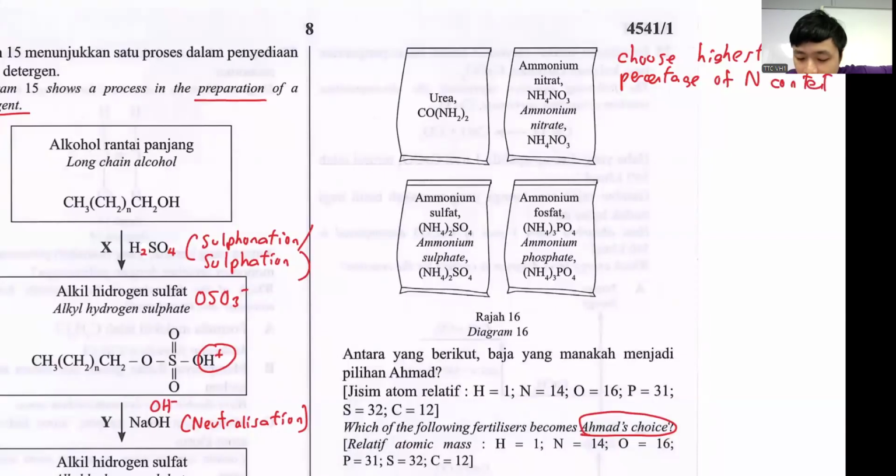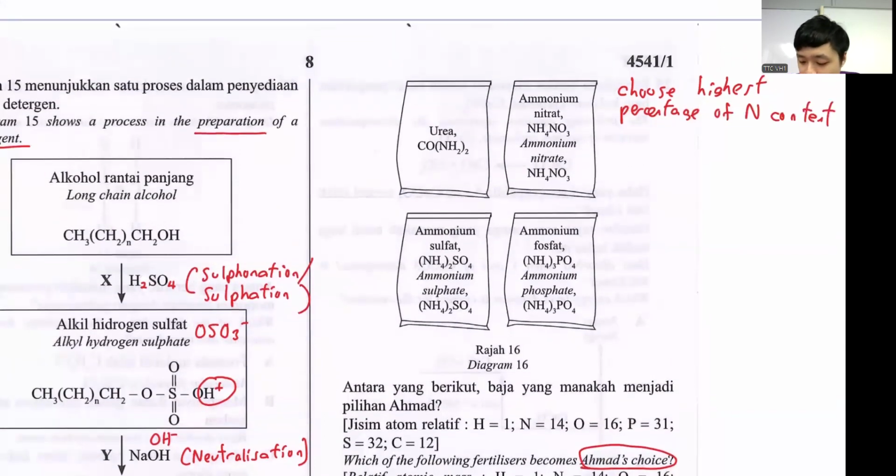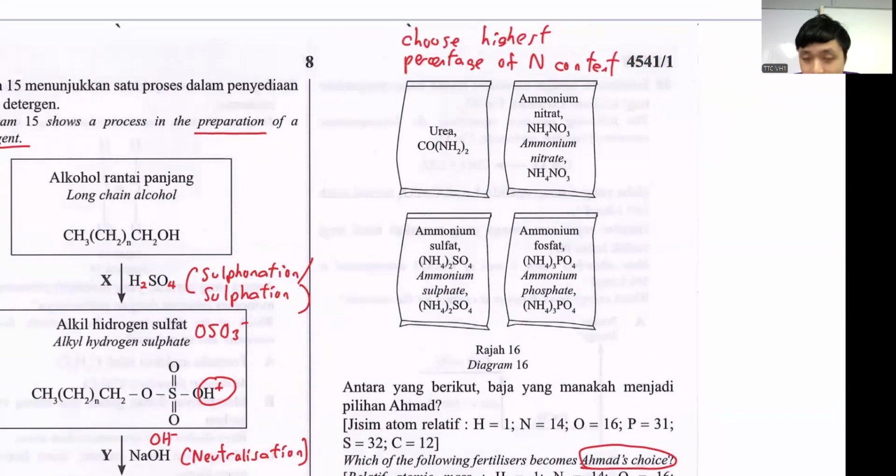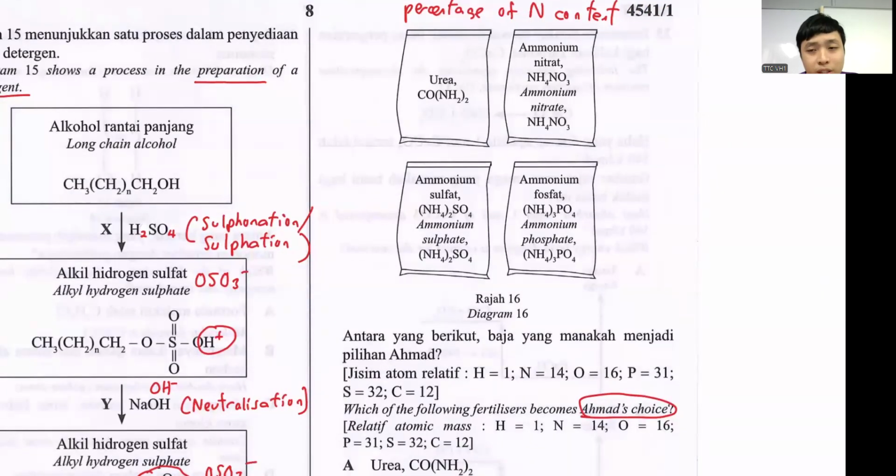So when you calculate later on, you have to find which one is the highest. Why? Because nitrogen is very important. It's a key limiting nutrient for plant growth in many soils. That's why you always see urea as the best example.